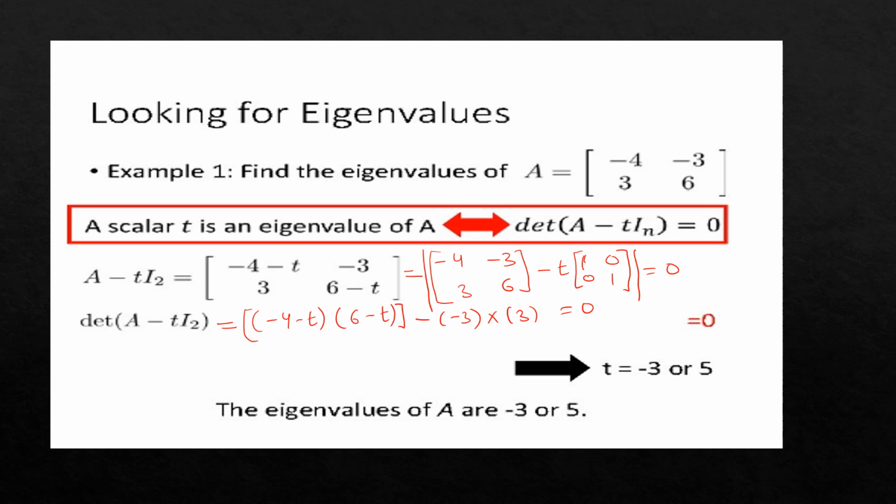This gives me minus 24, then minus 6 lambda plus 4 lambda, plus lambda square, and you get minus 9 is equal to 0. This gives me an equation of lambda square minus 2 lambda minus 15 is equal to 0.